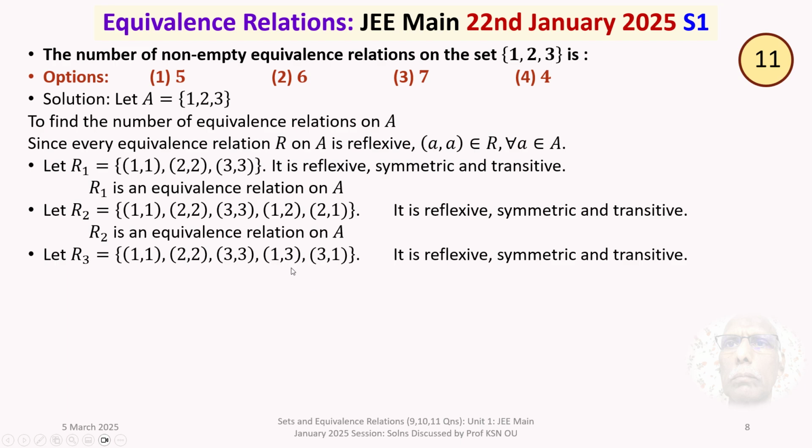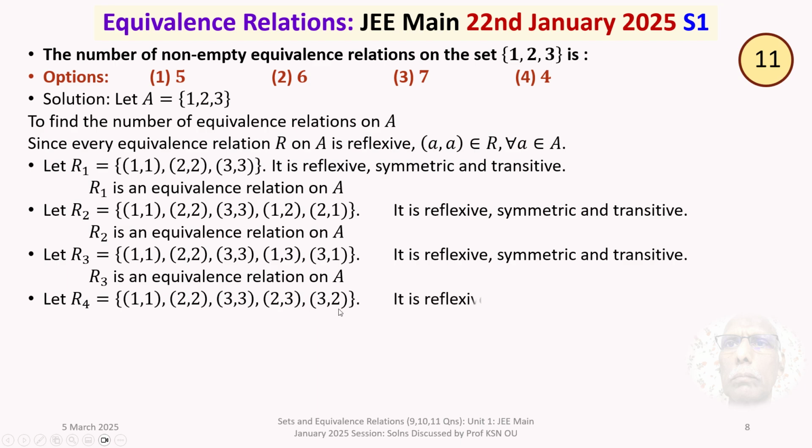Next, (2,3) and (3,2) are to be added. So R4 is R1 with (2,3) and (3,2), and R4 is also an equivalence relation. So adjoining one element and its symmetric element results in equivalence relations like this.